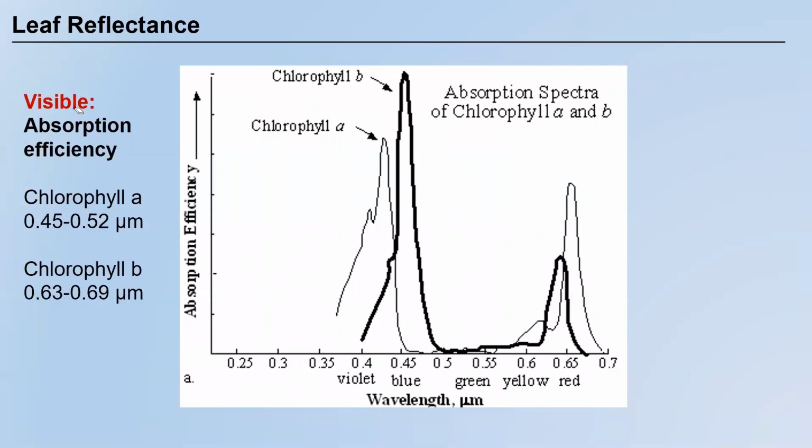Within visible bands, chlorophyll A and B have different absorption efficiency. This thinner curve here is the absorption spectrum of chlorophyll A. Be careful here. We have two curves here, right?